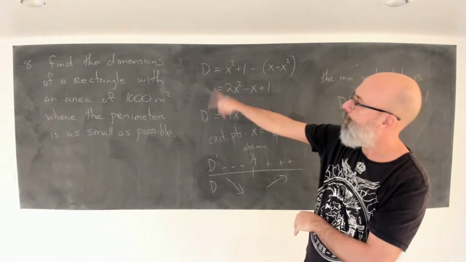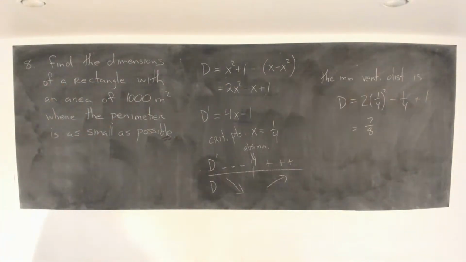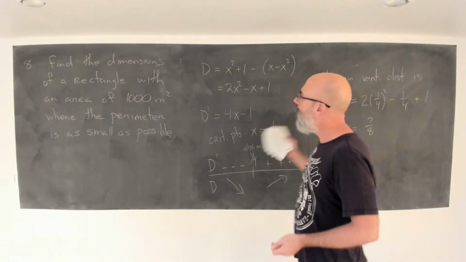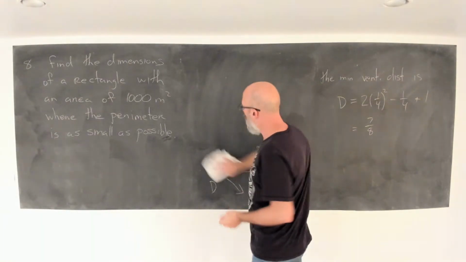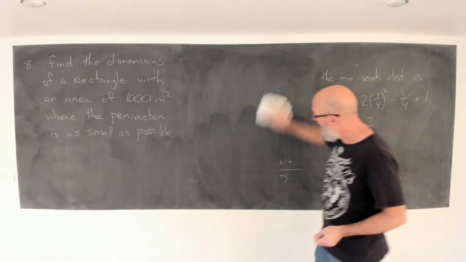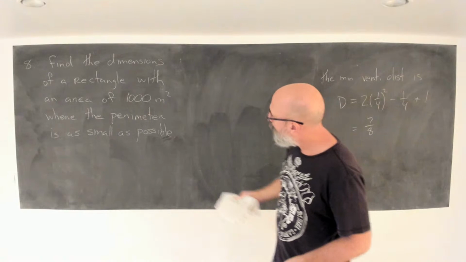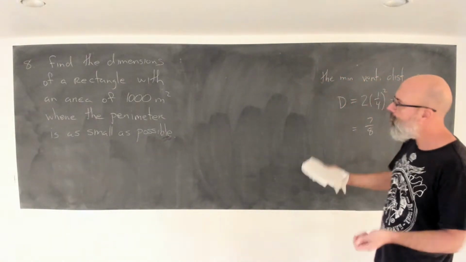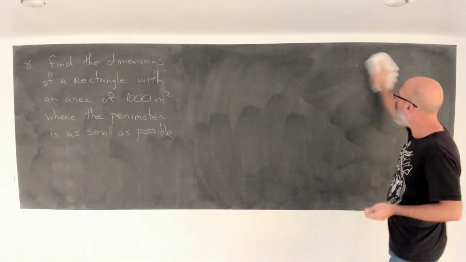All right, everybody's excited to do this question. Let's do it. You recognize immediately real world applications. Suppose you want to enclose a field for your farm animals, and you want that field to be 1,000 square meters, but you're frugal.